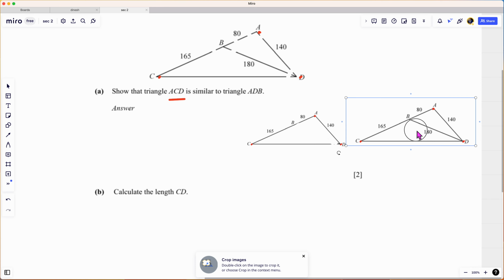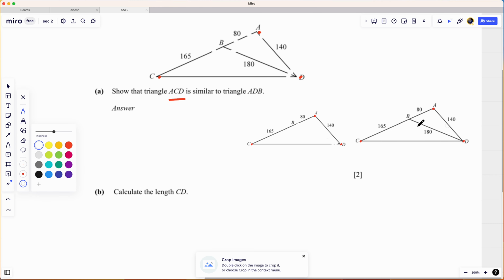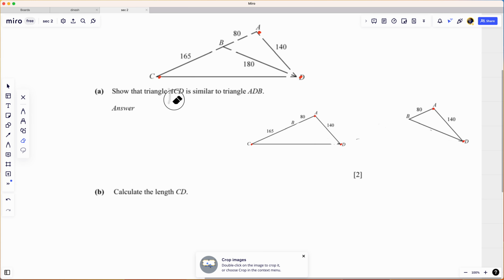So park them side by side. I think you can read A. Oh, sorry, it's too thick.